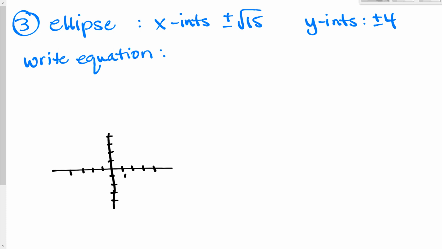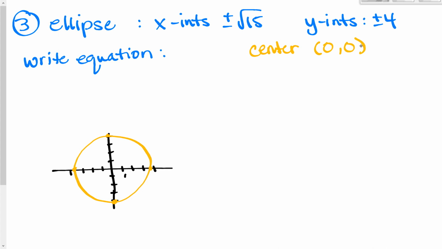So here we have an x-intercept of a little less than 4 and another one a little bit to the right of negative 4, and then a y-intercept of 4 and a y-intercept of negative 4. Here is our ellipse. Can you tell what the center is? It's pretty clear just by looking at that the center is (0, 0).